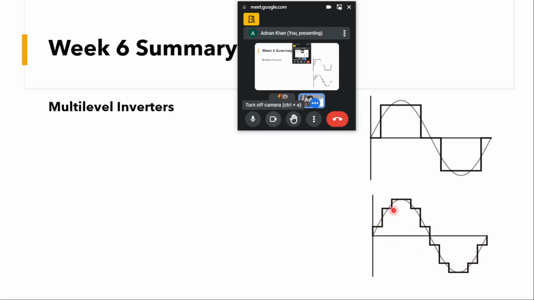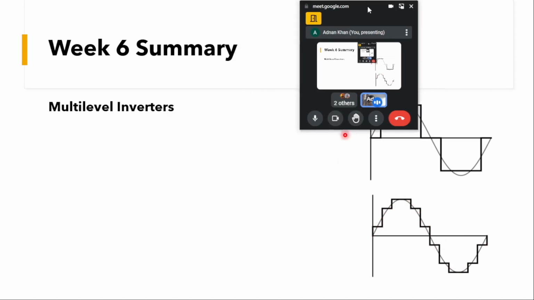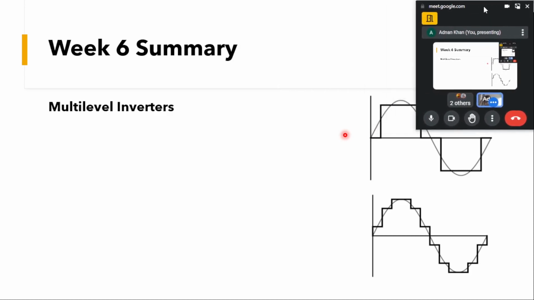The more steps, the closer it will be to the sine wave, and the lower the harmonics and harmonic distortion will be. If you have 5 steps, it will be even closer to the sine. If you have 7, 11 steps, it can be closer still to the sine wave. That is the idea of multi-level inverters.